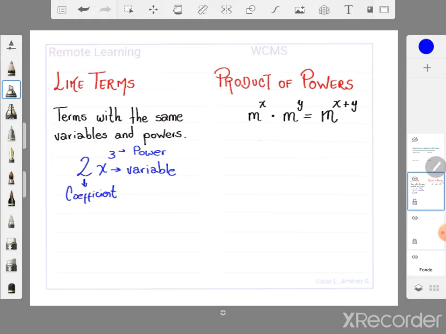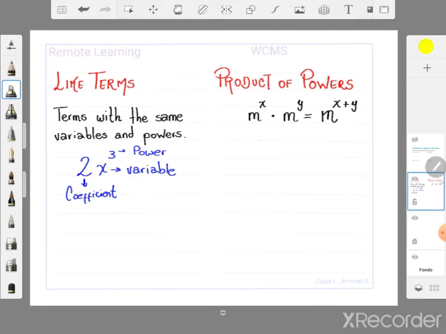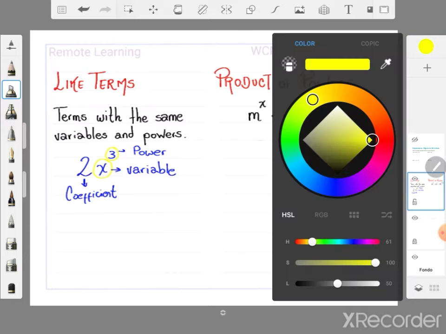Okay, so when you want to check if you have like terms, you just need to take care of the variable, the letter, and the power. If you have the same variable and power, that means you have like terms. Let me show you an example.